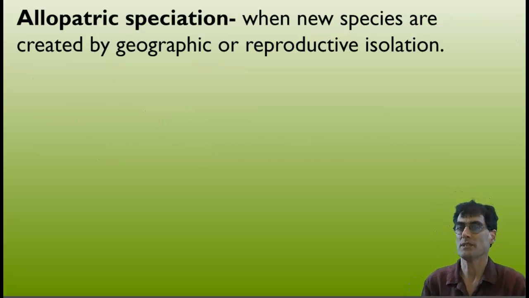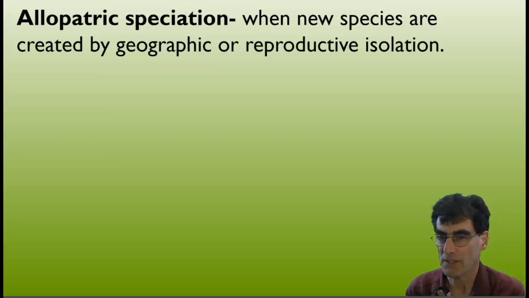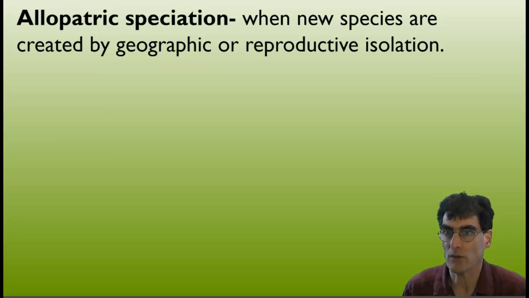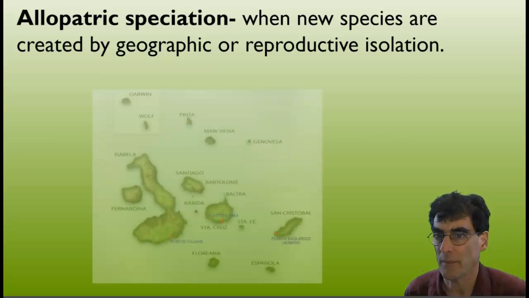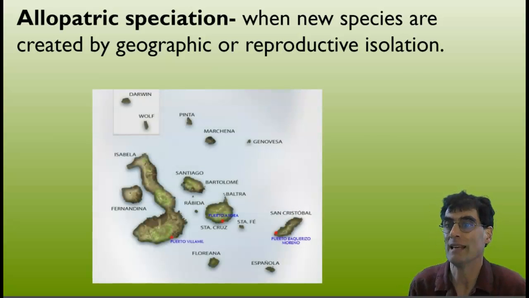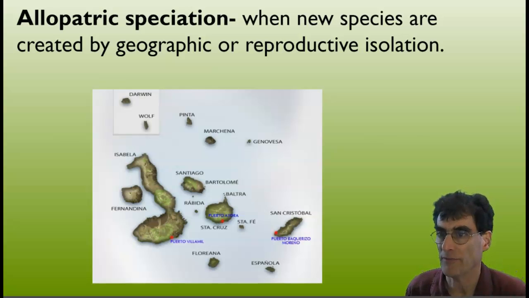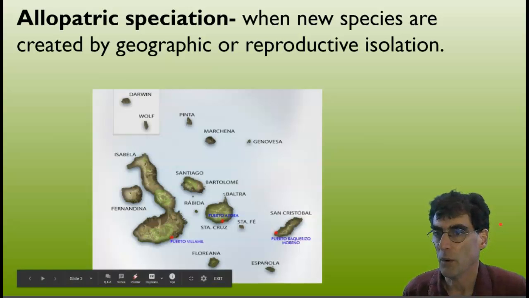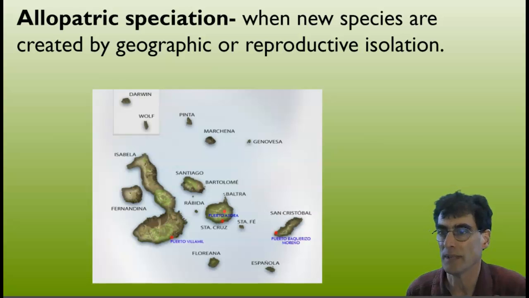So allopatric speciation. This is when a new species develops from geographic or reproductive isolation, usually a combination of both. And you know this as adaptive radiation, probably from biology. These are the Galapagos Islands where Darwin collected his data on the finches. And the idea was that one population of finches settled on one island, but over time populated all the islands in isolation.